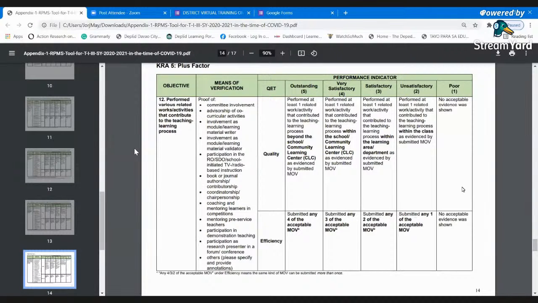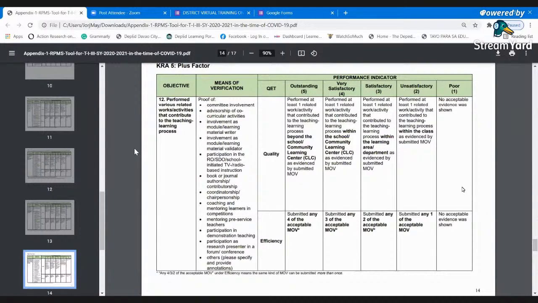Okay, 4: perform at least one related work activity that contributed to the teaching-learning process within the school or within your community, or innovating.